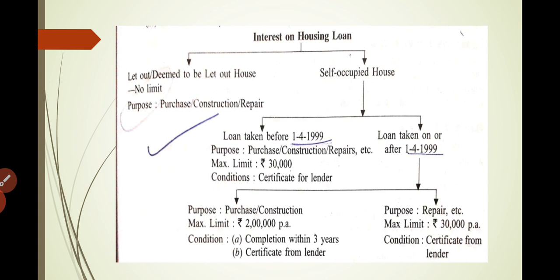There is a condition, that is the house completion within 3 years from taking that loan. Then the second case is the purpose of taking loan only for repair of houses. The maximum limit is 30,000 per annum. Is it clear?